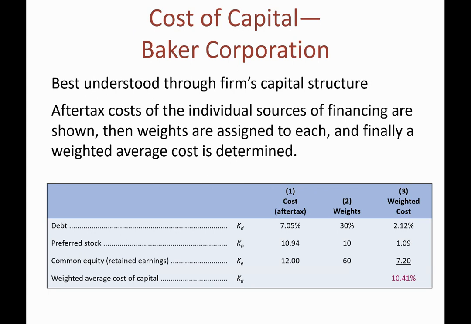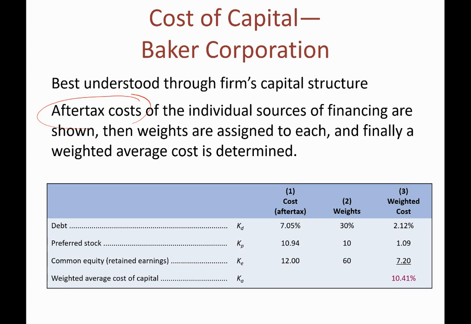So again, keep in mind the cost of debt we are talking about here is the after tax cost. So what we're going to try to do is to determine the cost of capital without the effects of taxation. Why?